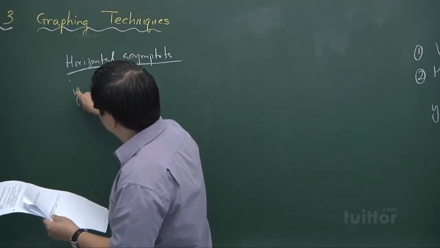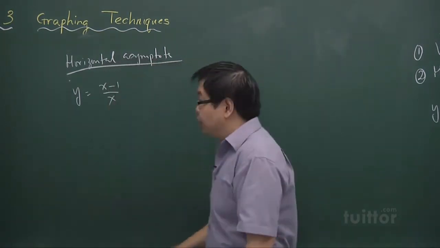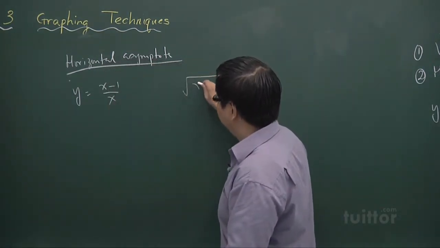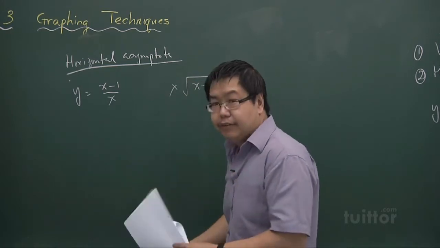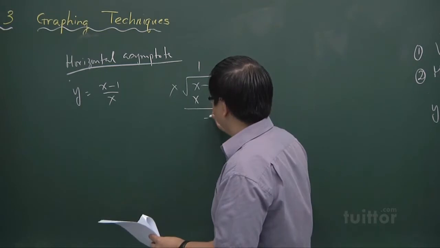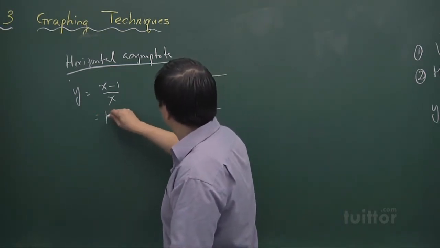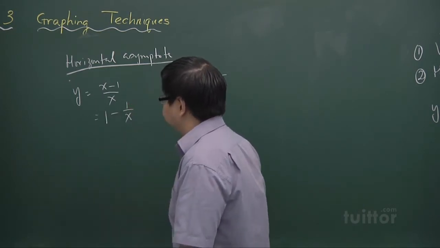So one such example would be y equals (x minus 1) over x. If you use long division to divide x minus 1 by x, you get 1 times x gives me x, then bring the minus 1 down. So this expression can be written as 1 minus 1 over x.